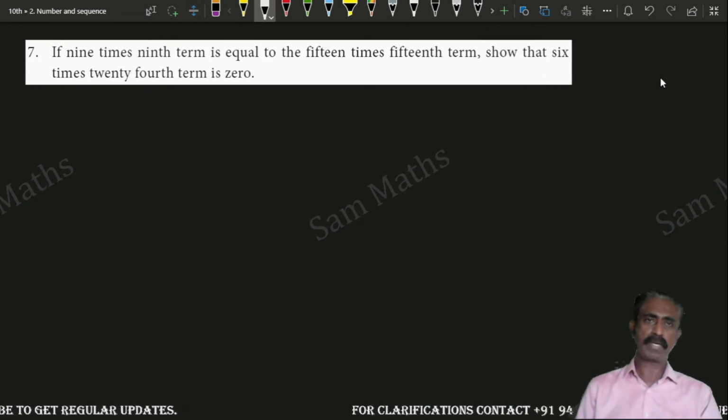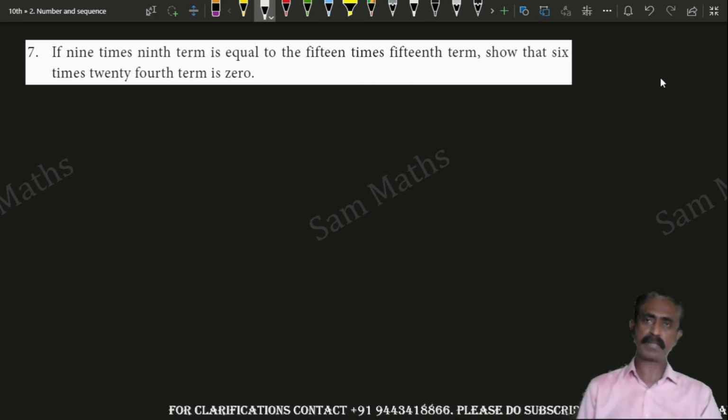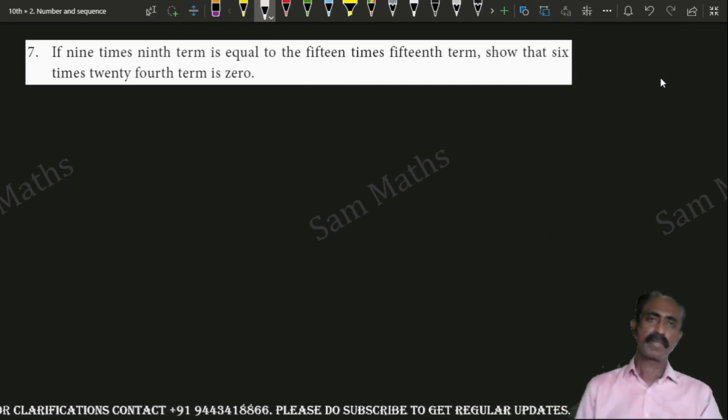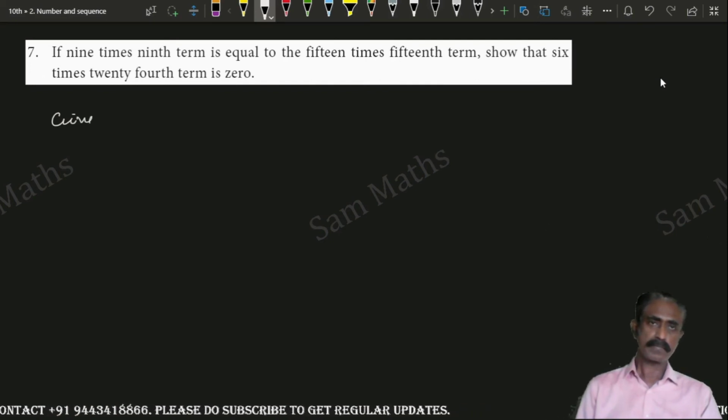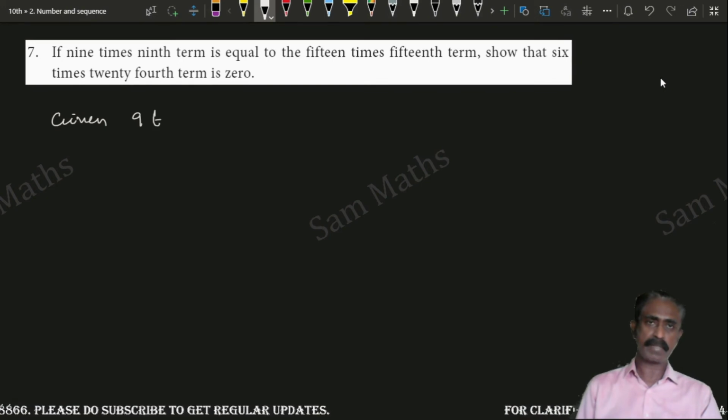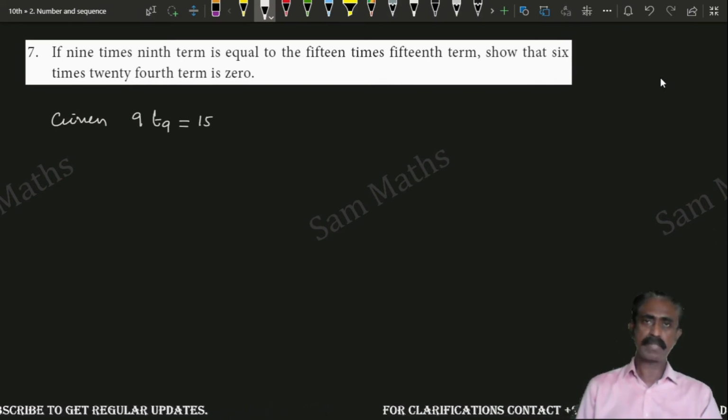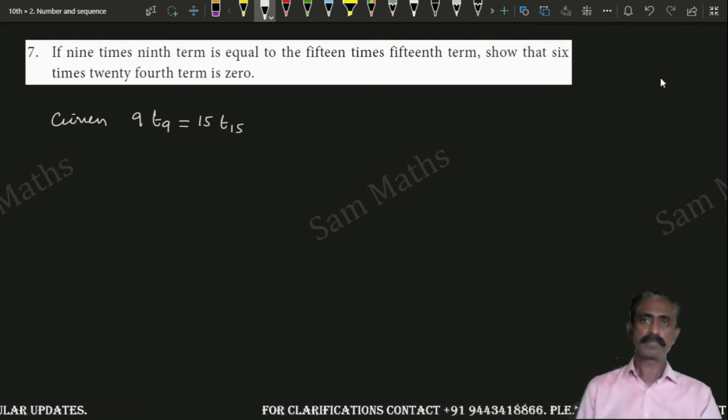Seventh question. If 9 times the 9th term is equal to 15 times the 15th term, show that 6 times the 24th term is 0. Listen here. Given 9 times the 9th term T9 equal to 15 times the 15th term T15.